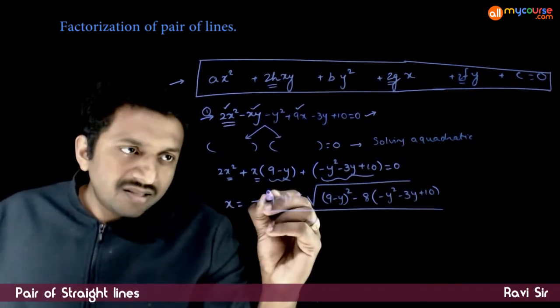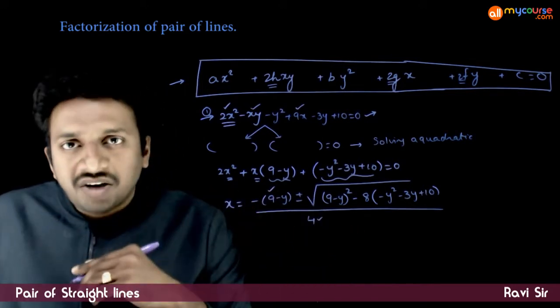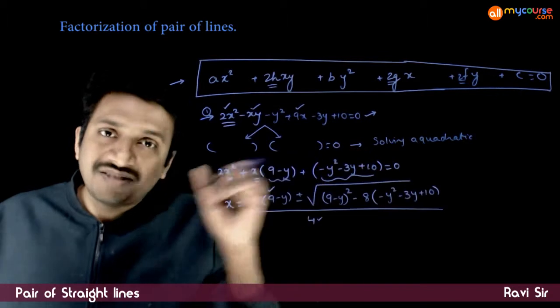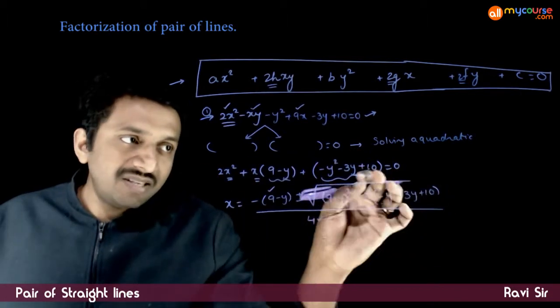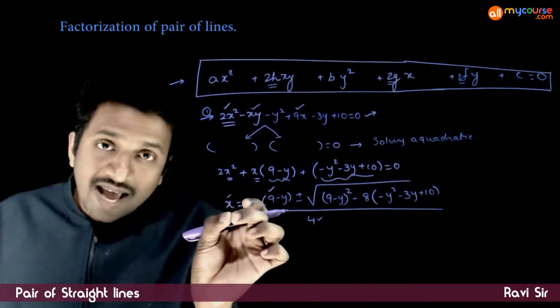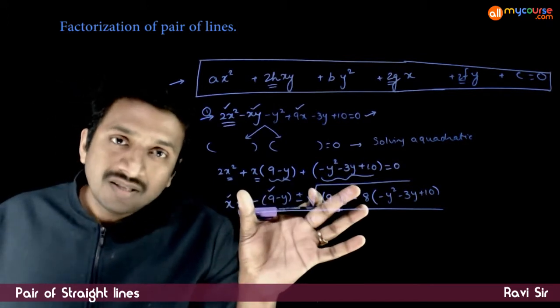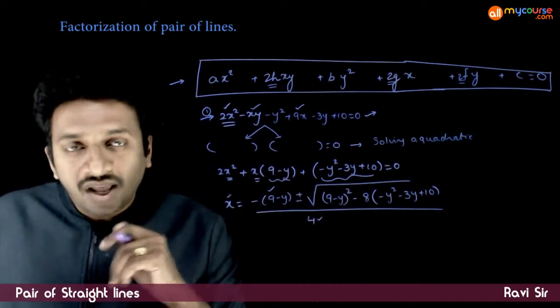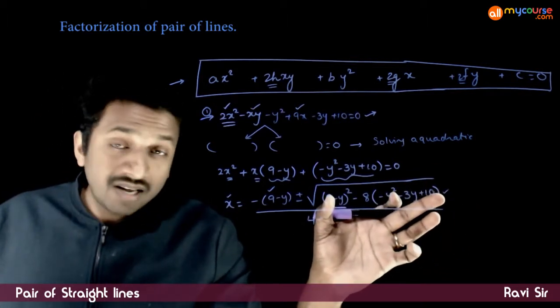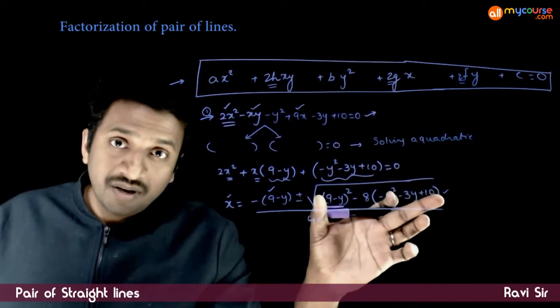Now both these terms are straightforward. Here we have to concentrate on the term inside the square root. If you have to get x as a nice linear expression in terms of y, this has to be a perfect square. Is this a perfect square?